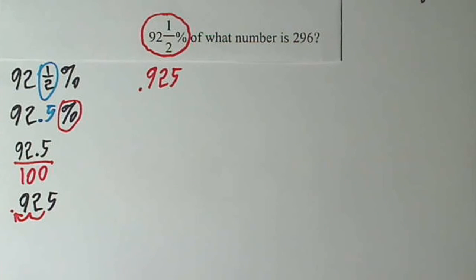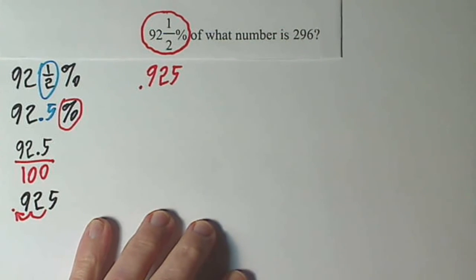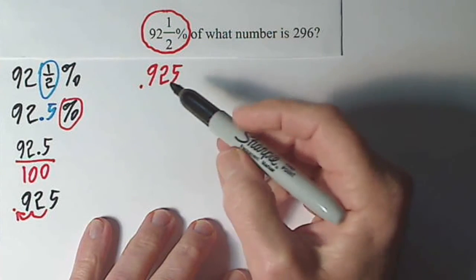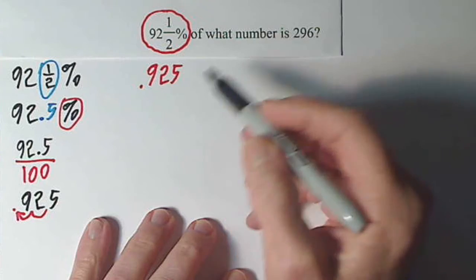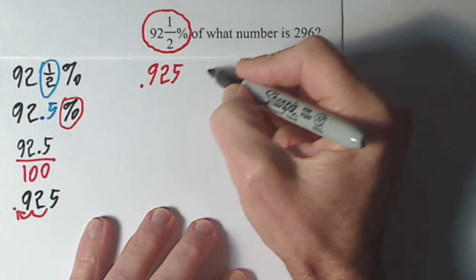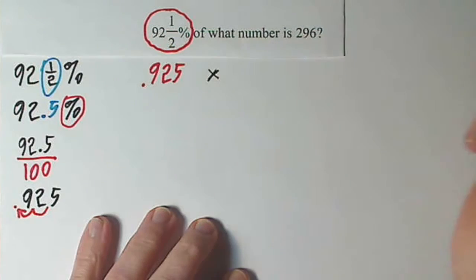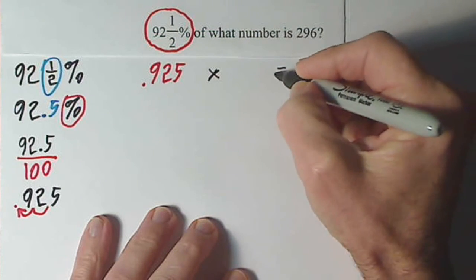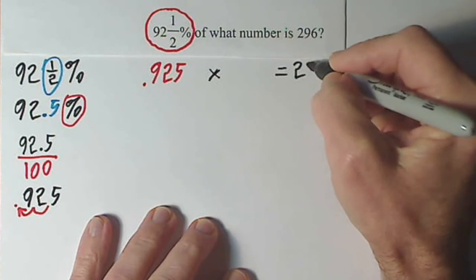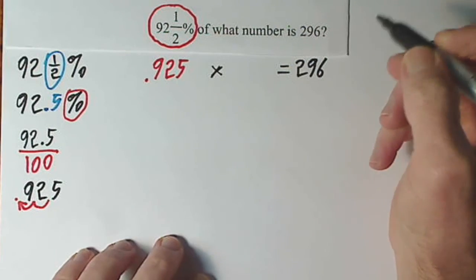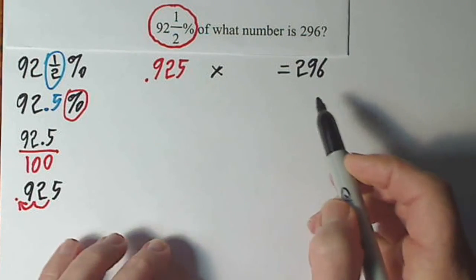I think first I'll solve this converting it to an equation. 925 thousandths of what number means times some number, I'll use x, is 296. Alright, so now we have an algebraic equation.